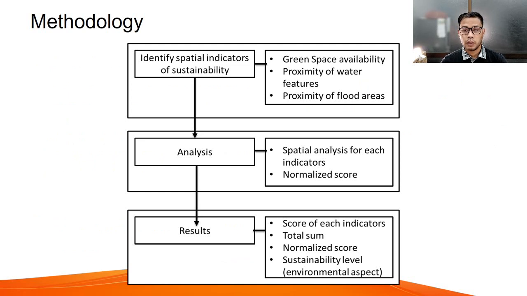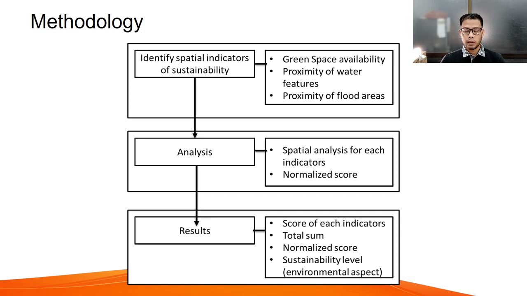This is the methodology that we use in this study. The first step is to identify the spatial indicators of sustainability, which we got from the literature review, interviews and so on. Some of the indicators are green space availability, proximity of water features, and proximity of flood areas. These are the three main indicators, and then we make an analysis using spatial analysis for each indicator.